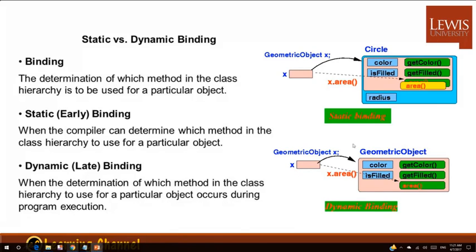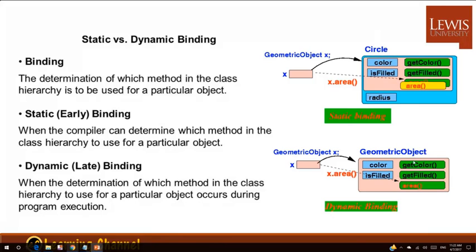But if you have the polymorphic method, you use the geometric object x pointing to the same circle, but you did not cast it, and that object is treated as a geometric object.